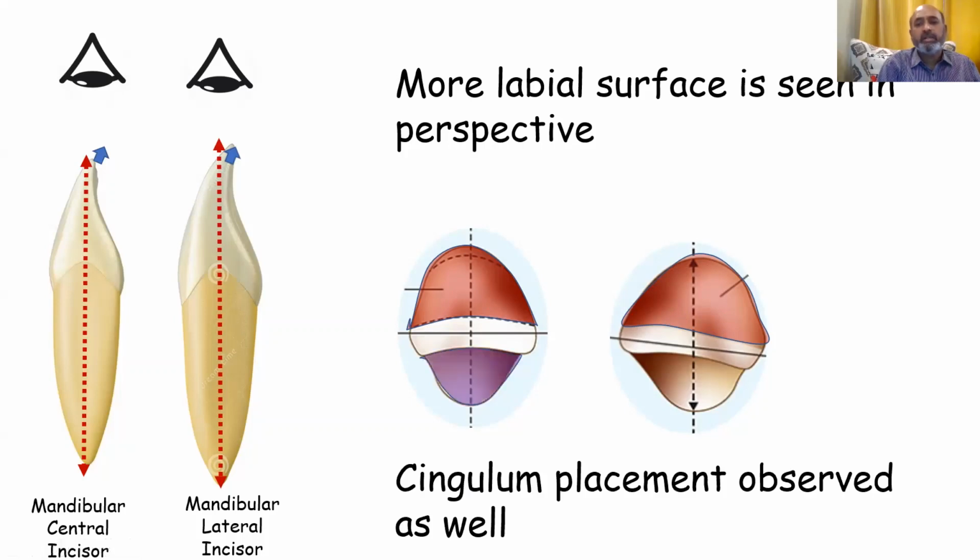We see the lingual placement also here. In the central incisor, the cingulum is well centered, while in the lateral incisor, it is more towards the distal. So the cingulum is more distally displaced.